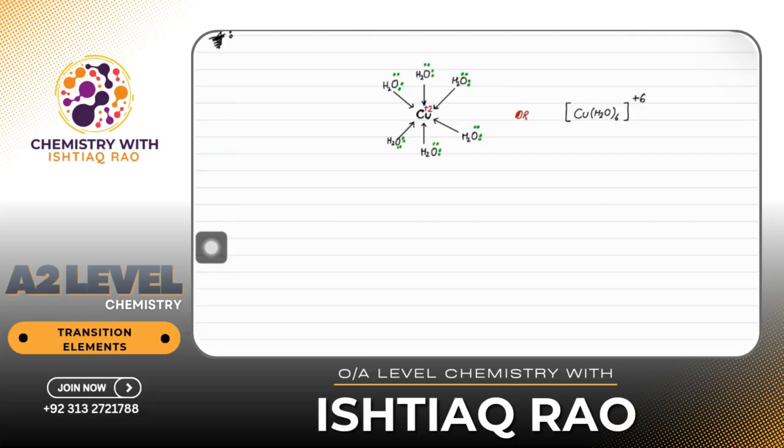This is an example of a simple complex compound. Water is acting as a ligand. Since it has a lone pair of electrons, it's going to donate its lone pair to the copper plus 2. So they are going to form a complex compound.